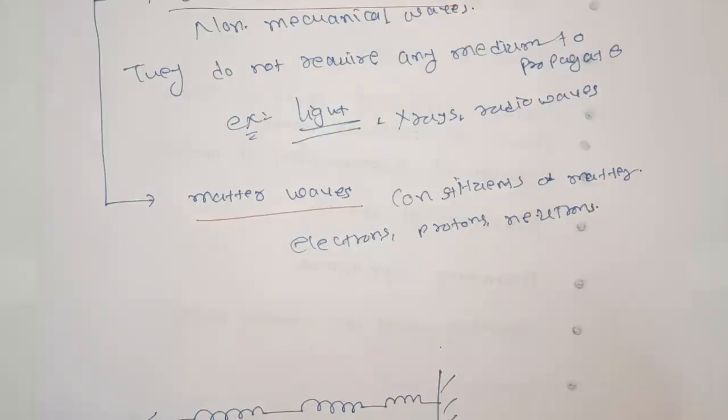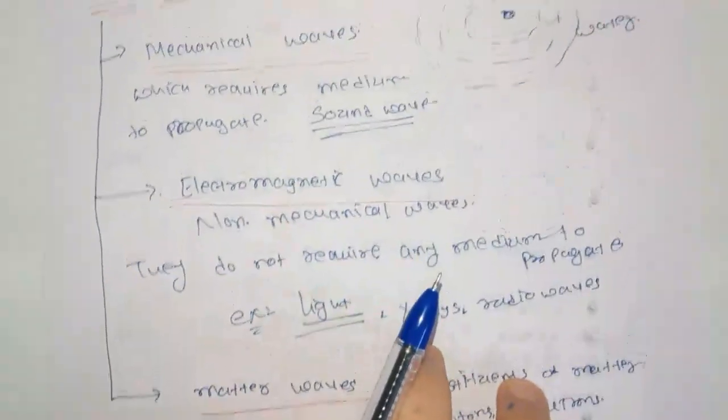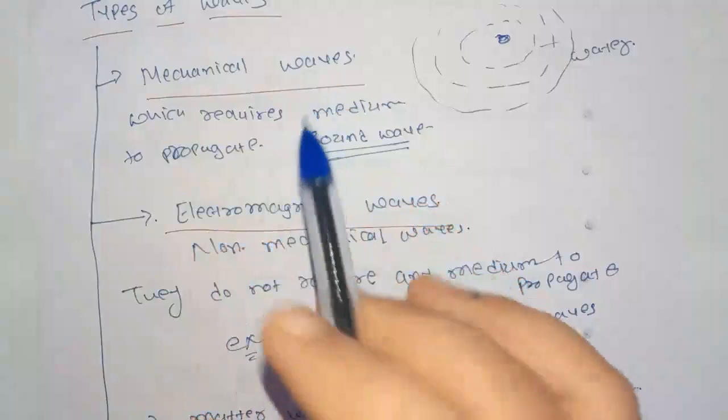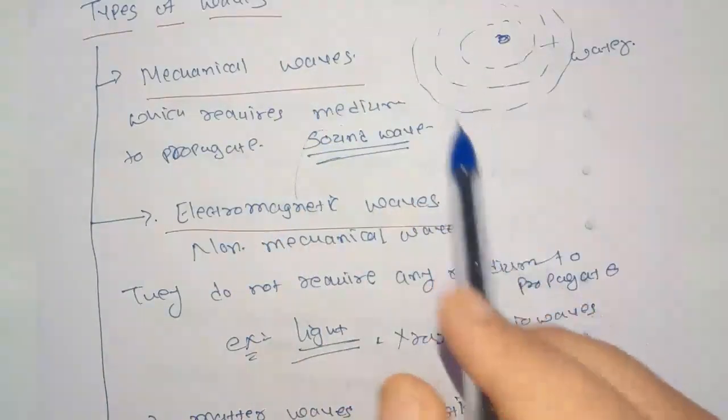We can say alpha particle, alpha radiation, beta radiation are the matter waves. In this particular chapter, we will focus more on mechanical waves and especially the sound wave.